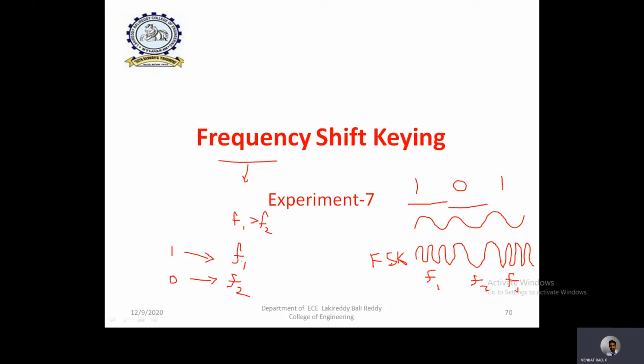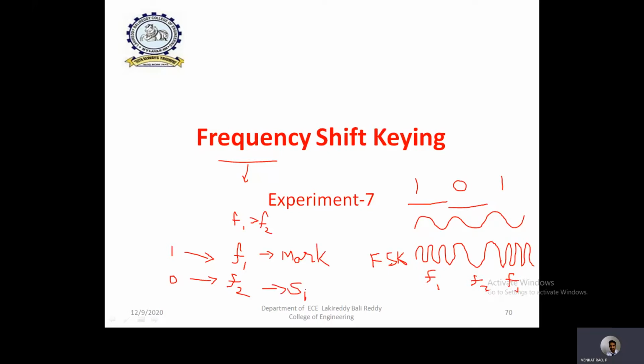Generally F1, that is the high frequency FSK signal, is called the mark frequency, or simply high frequency. And the other frequency, that is F2, is generally called the space frequency.